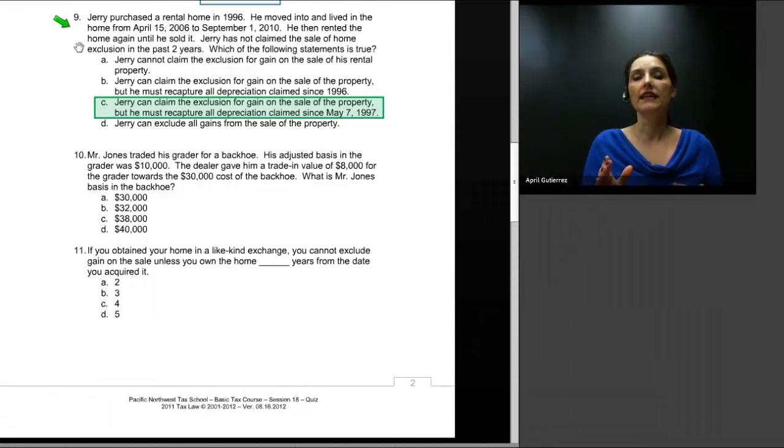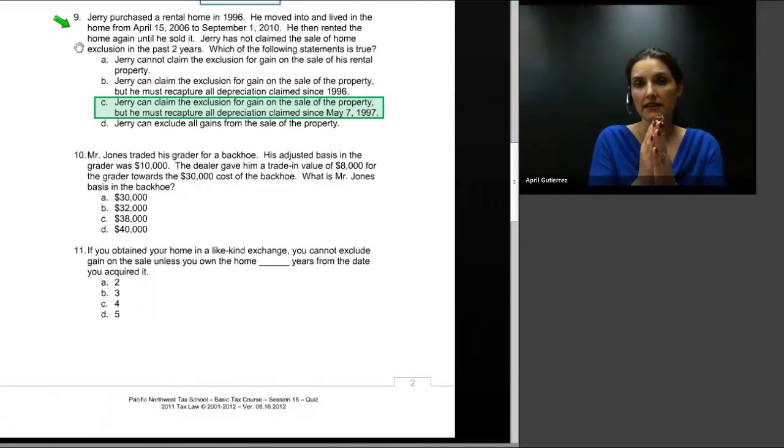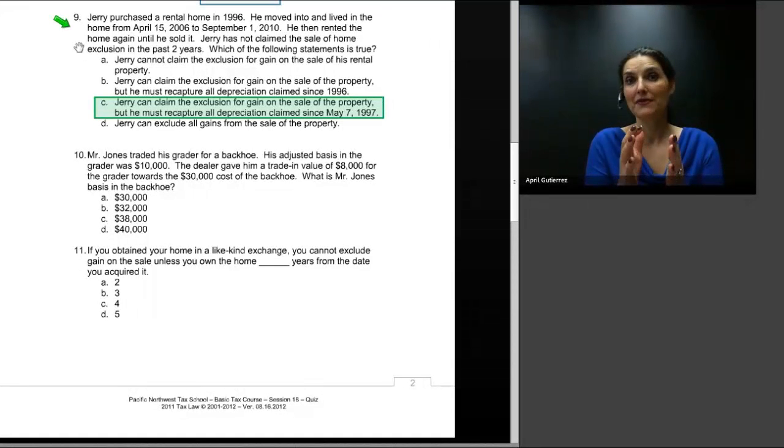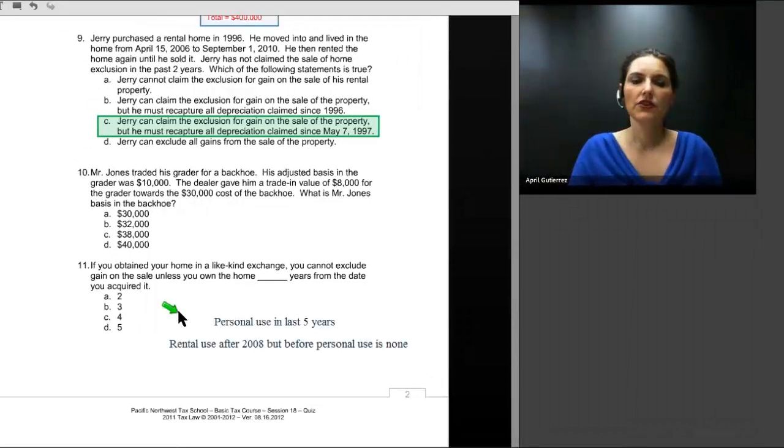As long as there is no business use after 2008 that precedes personal use after 2008, then you can, as long as you still meet the 2 out of 5-year rule in the 5-year period preceding the date of sale. So there are 2 key pieces of information we're concerned with here on problem number 9.